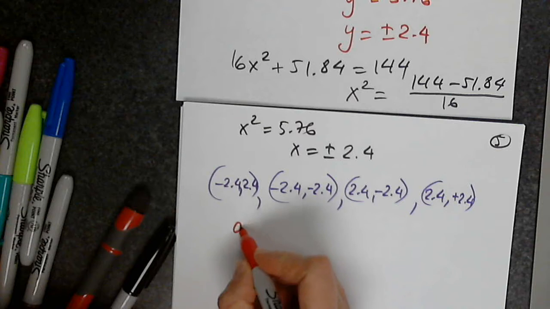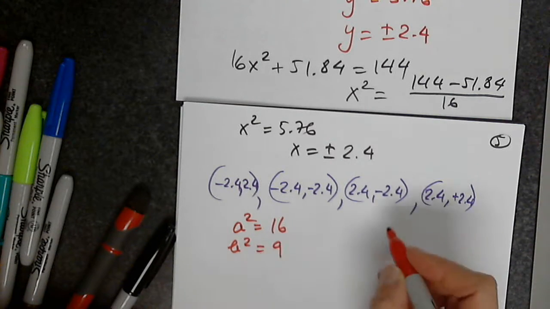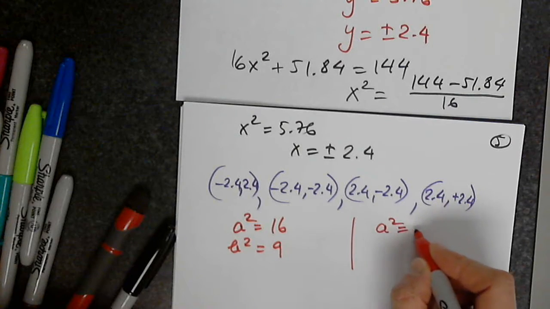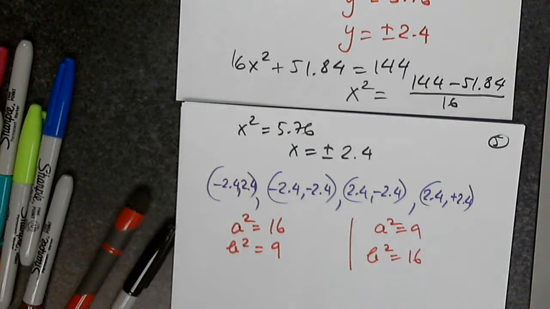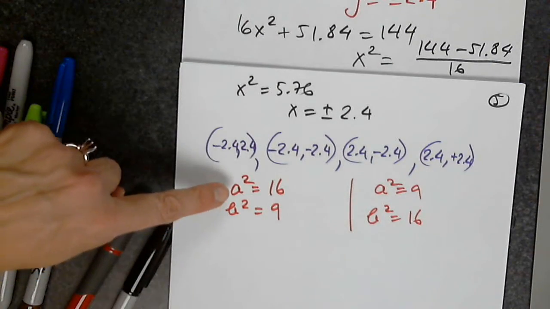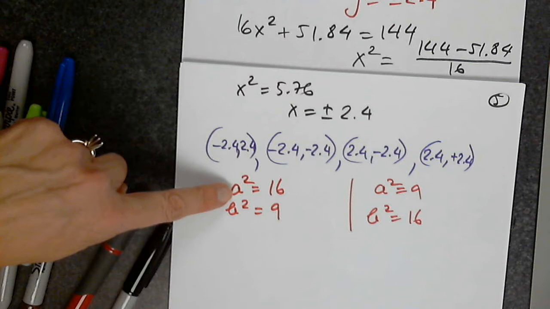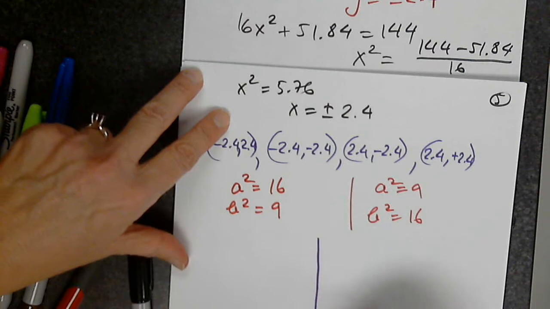So for the first one, I have a squared equals 16 and b squared equals 9. And for the second one, I have a squared equals 9 and b squared equals 16. The first one is on the x-axis or on the y-axis? Good. So let's graph it.